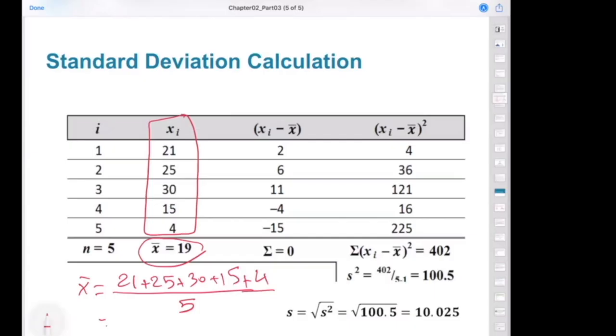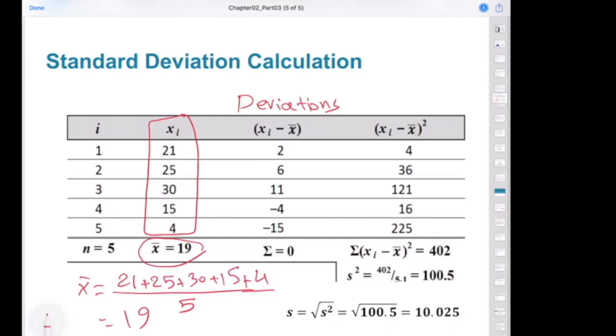So you will have 19. This is x bar. So find the x bar first. And then start to find what? The deviations. As you can see here, look at the deviations here. These are the deviations, x minus x bar.